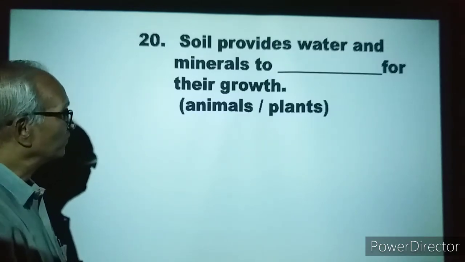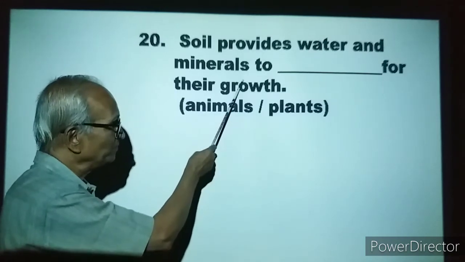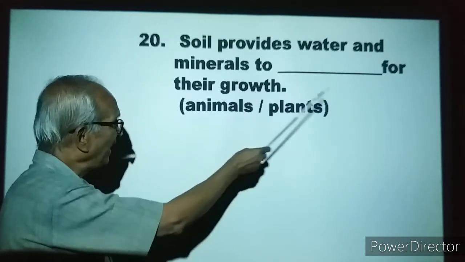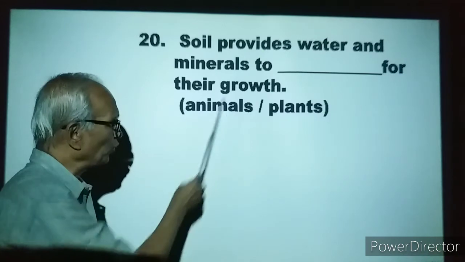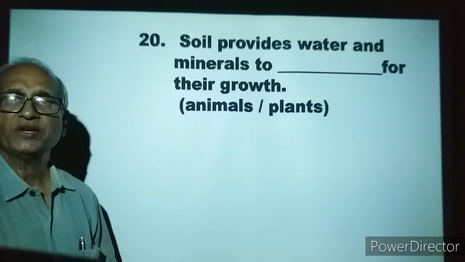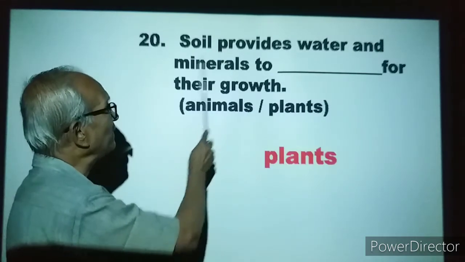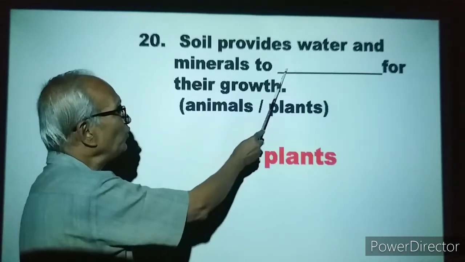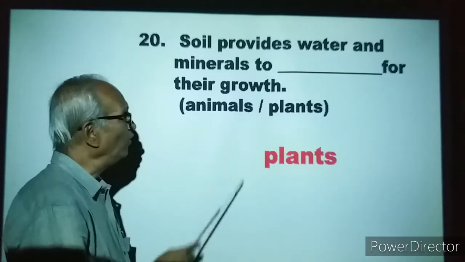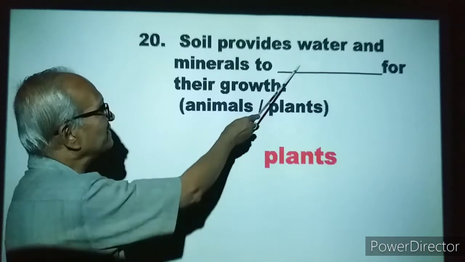Next question. Soil provides water and minerals to dash for their growth. Animals, plants. Who gets benefited? Plants get water and minerals from the soil. So here you have to fill in water. Here you have to fill in plants.